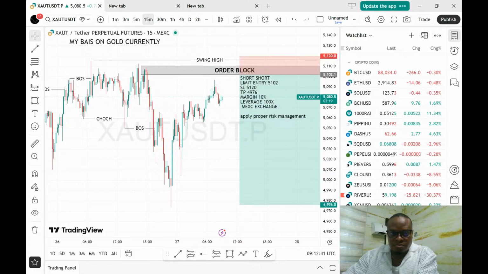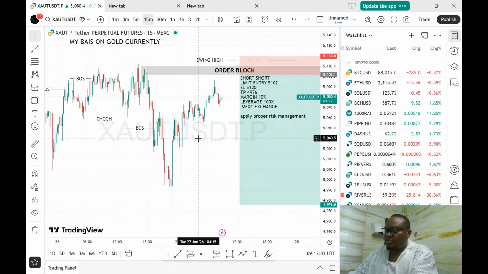I believe you can see my screen, so you can zoom your phone so you can see it very clear.